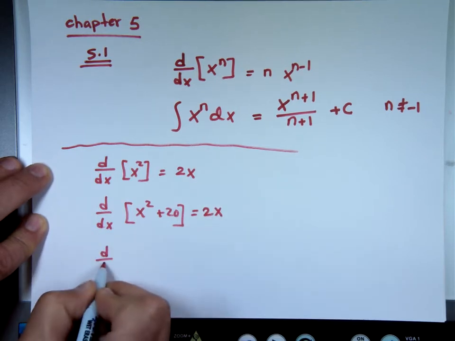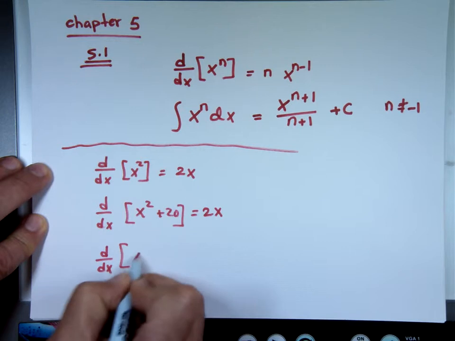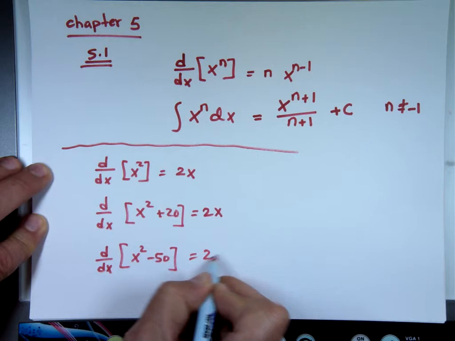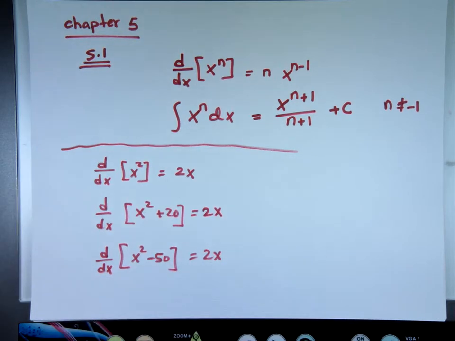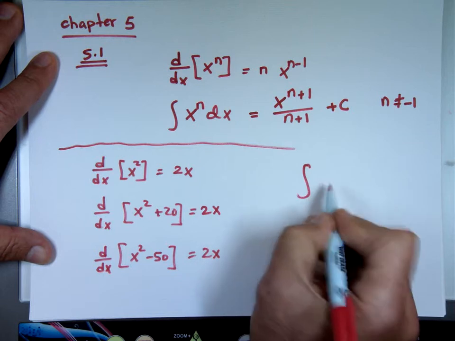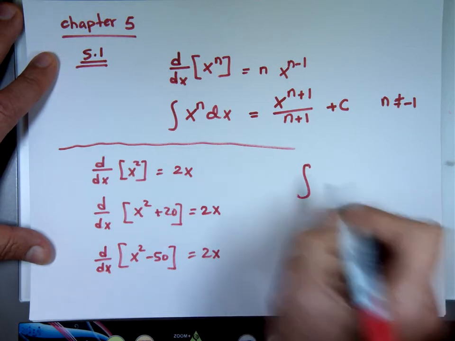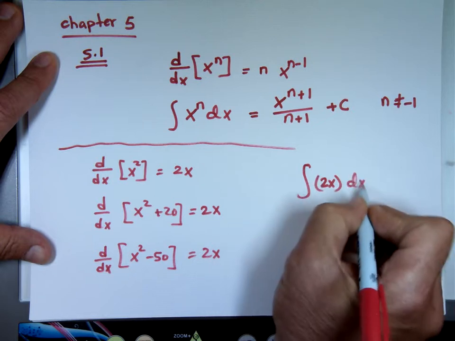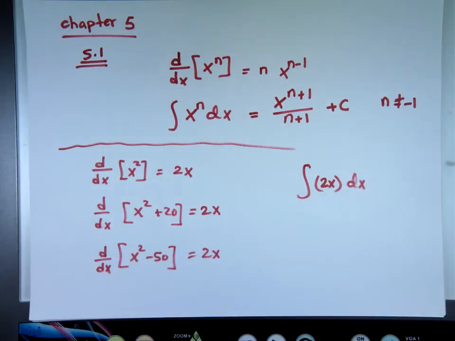What's the derivative of x squared minus 50? 2x. So if I said to you, what function, if you take the derivative of it, gives the answer 2x? That's what the integral means.